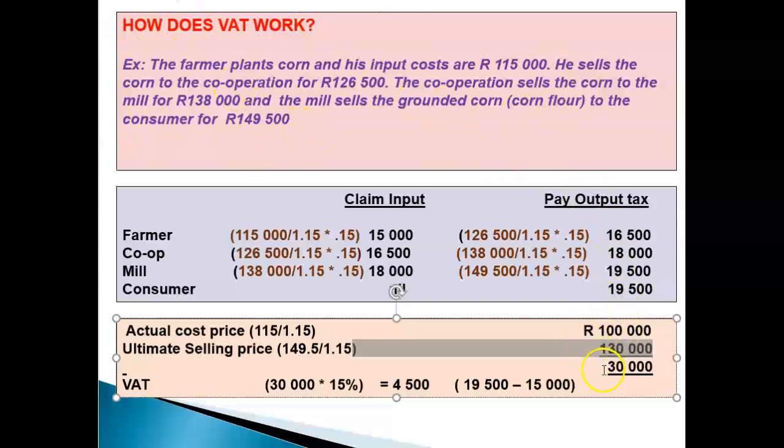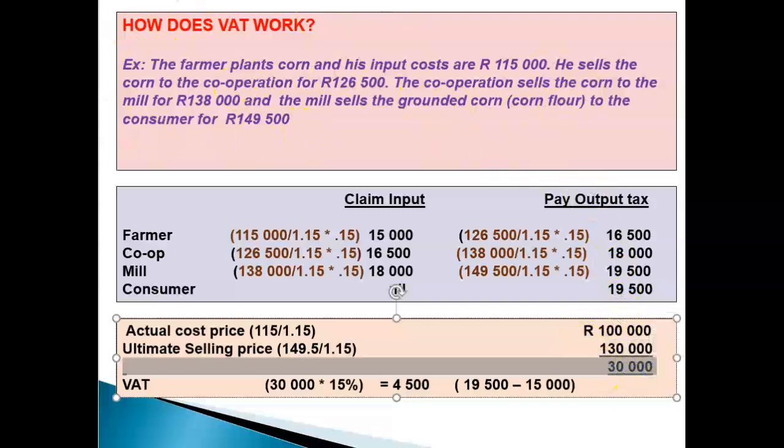The whole value chain generated a profit of 30,000 Rand. What is the VAT applicable on 30,000 Rand? 30,000 times 15% equals 4,500 Rand. And that is exactly what the receiver of revenue received. But he didn't collect that only from the last mill. He actually collected it right through the process from different entities, from the farmer, from the co-op, and from the mill.